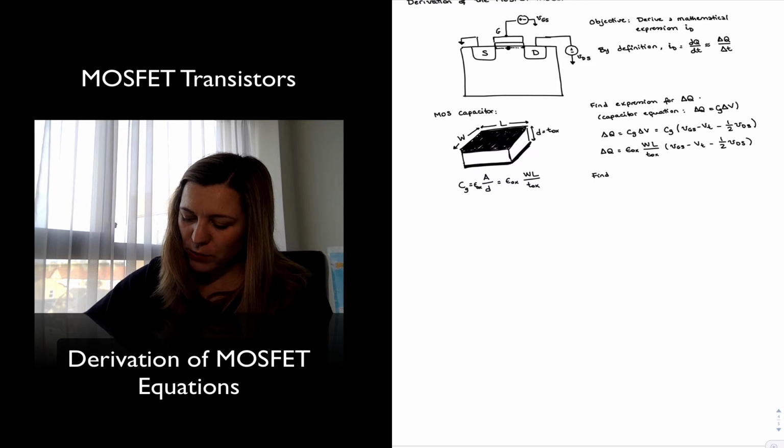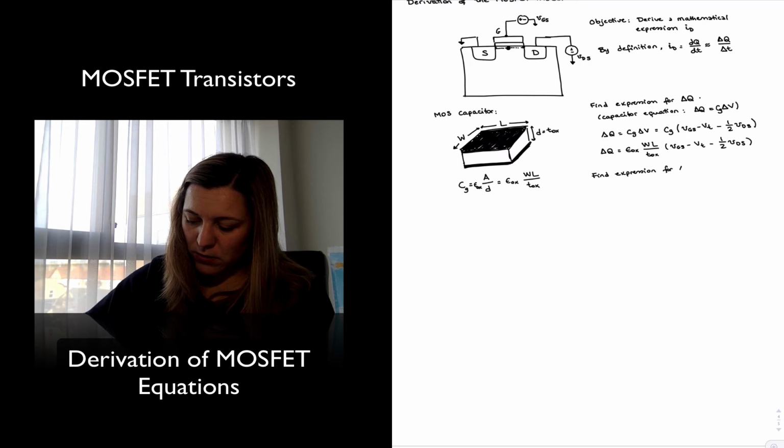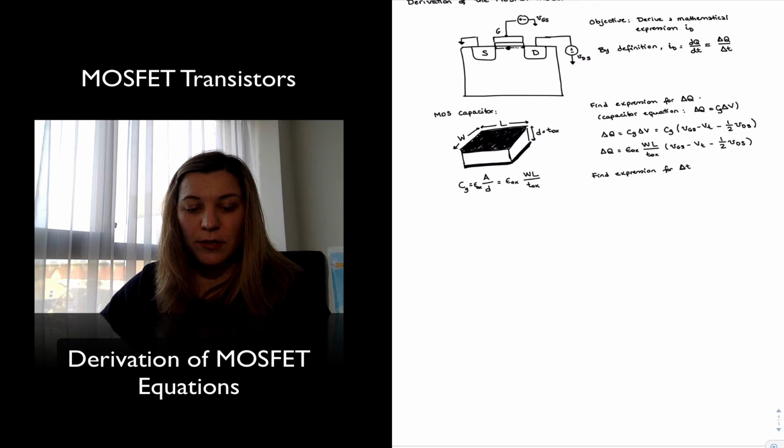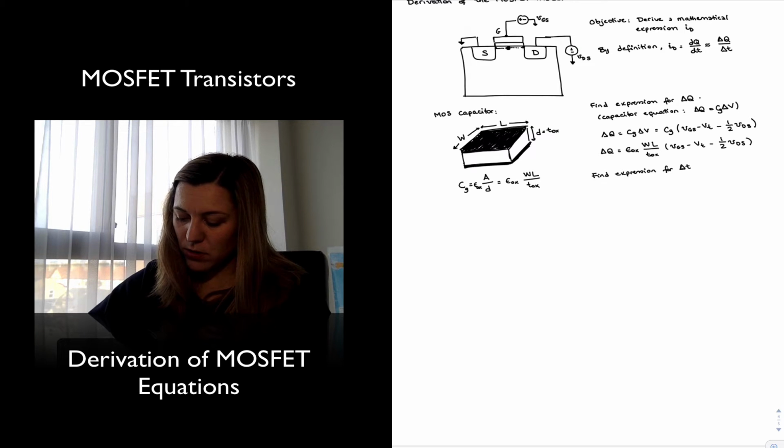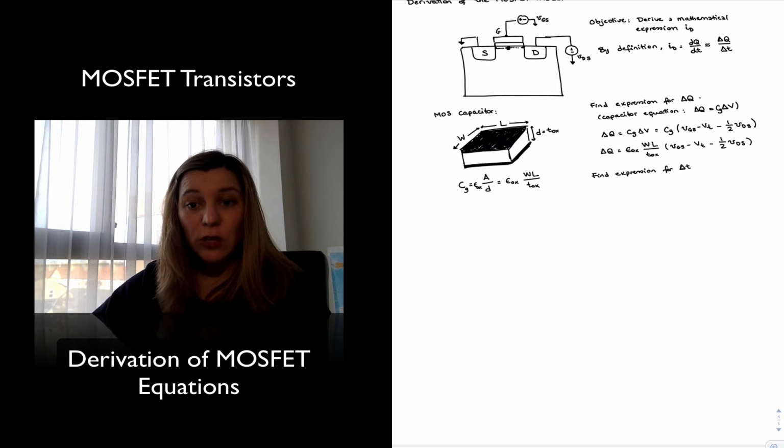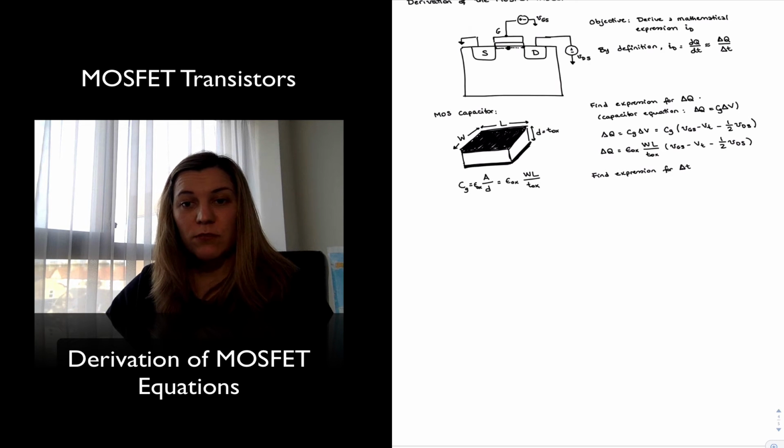I'm going to find an expression for delta T. And delta T is going to be related to the drift velocity. As you know, when we have movement of charge, we measure the velocity as drift velocity, and it is related to the electric field.